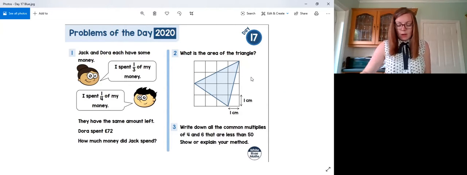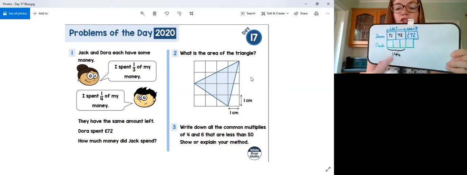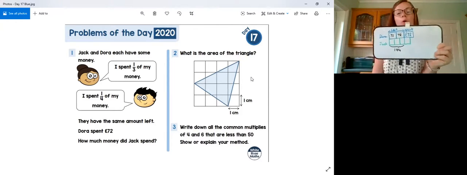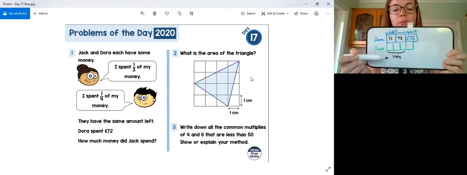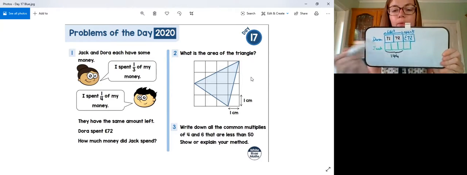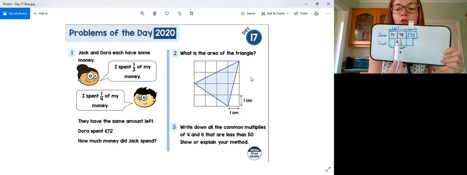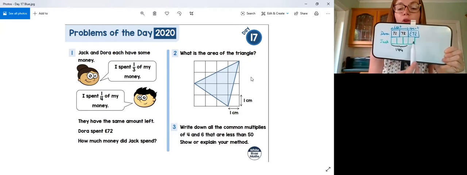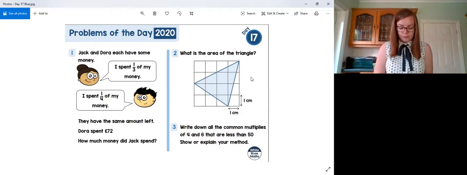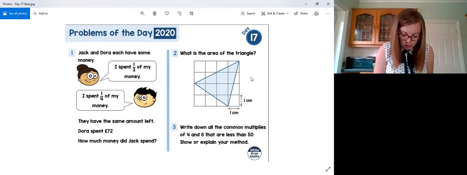Now, I have popped that label on the bottom there to show that Jack also has £144 left. But what fraction of Jack's money did the £144 represent? It was 3 groups out of 4, so this is 3/4 of Jack's money. The amount he spent was 1/4. So he spent 1/4.